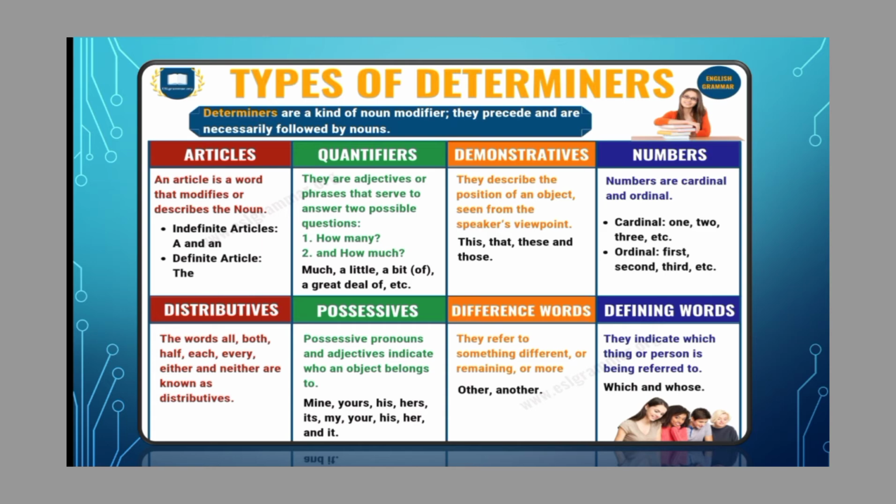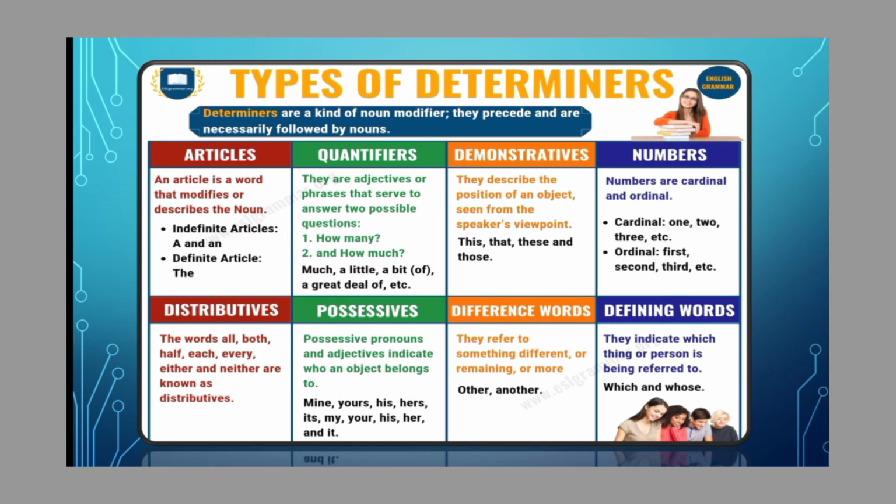It goes on like that. And distributives. The words all, both, half, every, each, either, and neither are known as distributives.